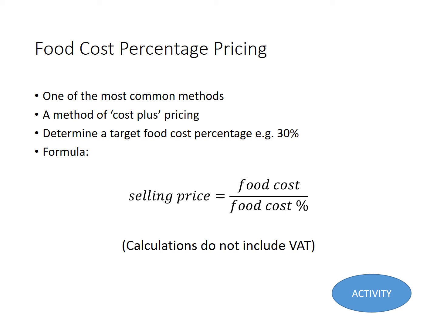So if it cost them £40, then they would sell it for £80, because you double it, 100% on top. Then you add VAT as well.